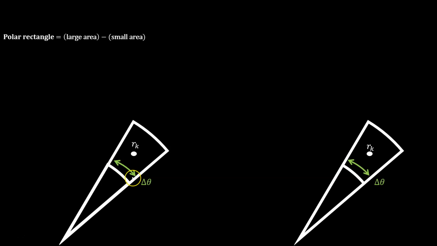And then our radius is going to be described by that r sub k start value plus the remaining part of the sector. So if r sub k is perfectly centered, it's halfway through that polar region. So we can describe the total radius of the large sector as r sub k plus our delta r divided by 2. So we have everything we need to do the area for the large sector, and then we can do the same thing for the small sector.